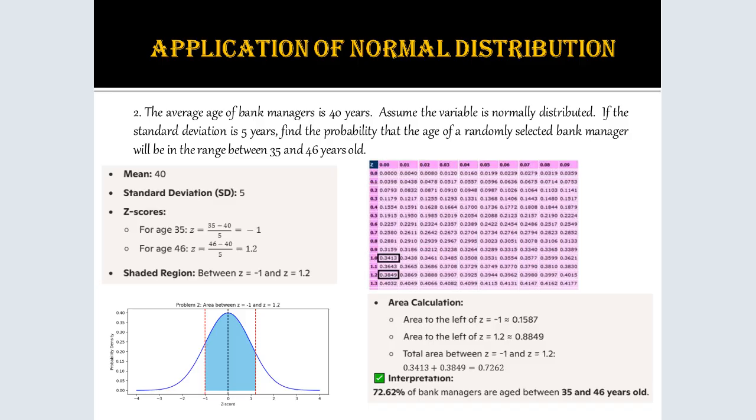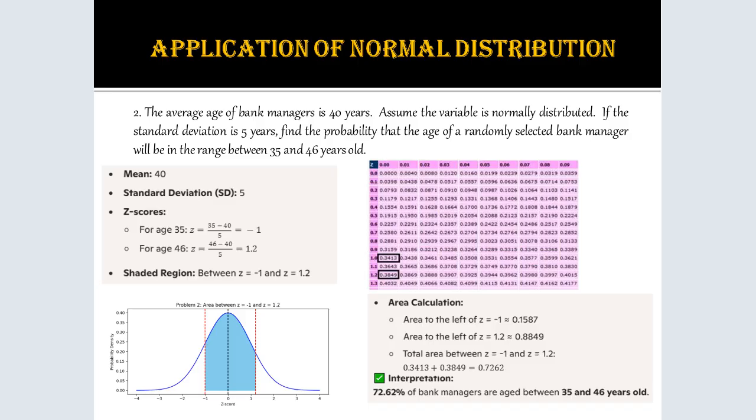So in this case, guys, we have two values of x, and that is 35 and 46. And the mean is 40, with the standard deviation of 5.